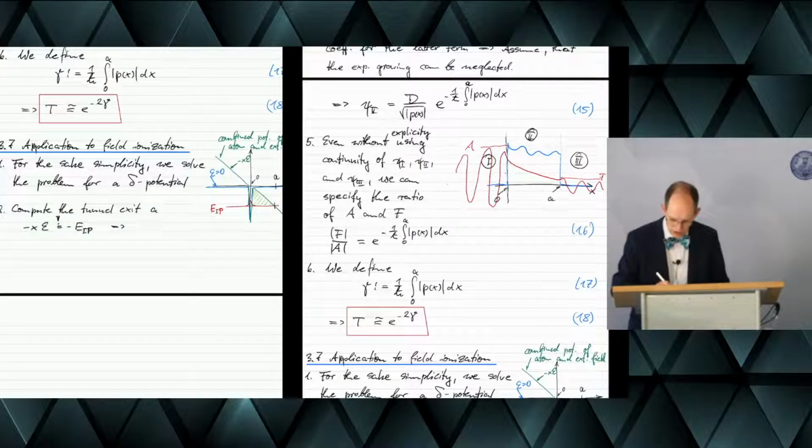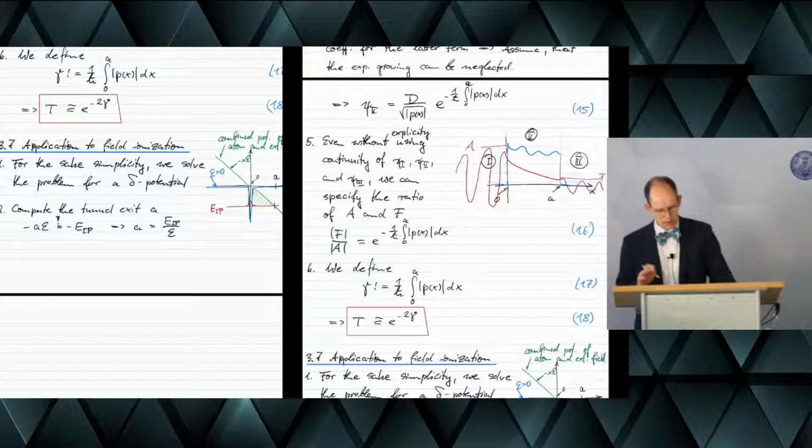Which means, of course, that A equals ionization potential divided by electric field in atomic units.